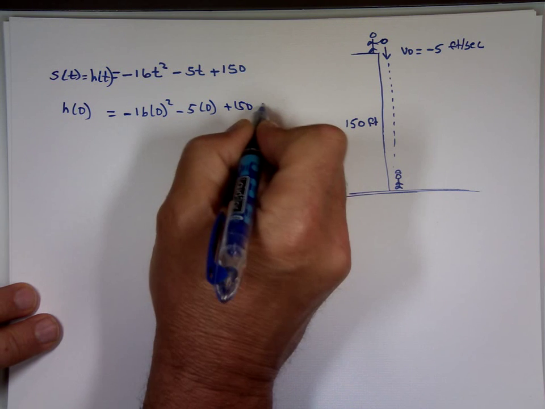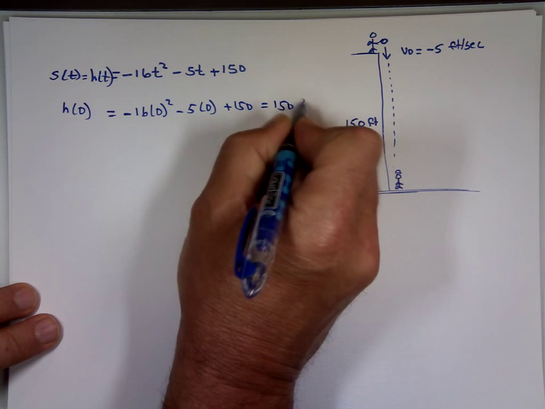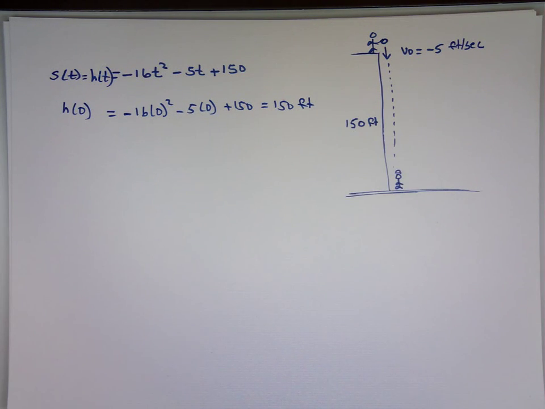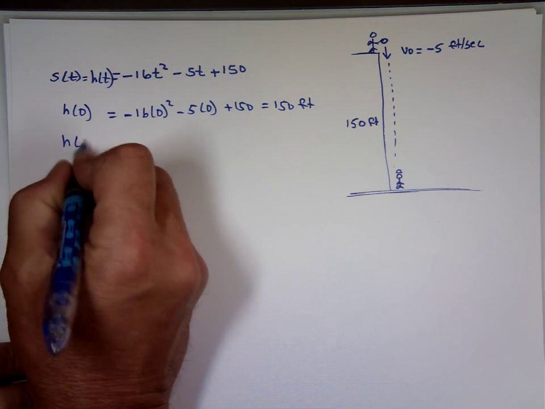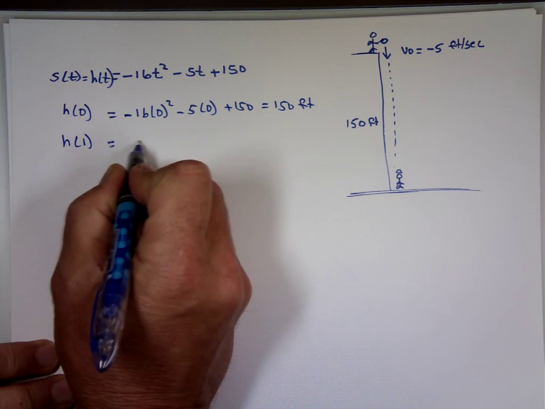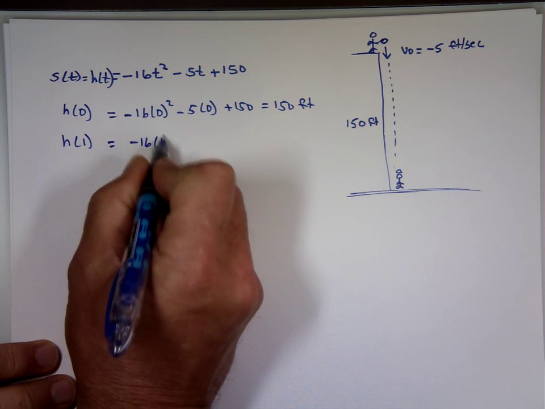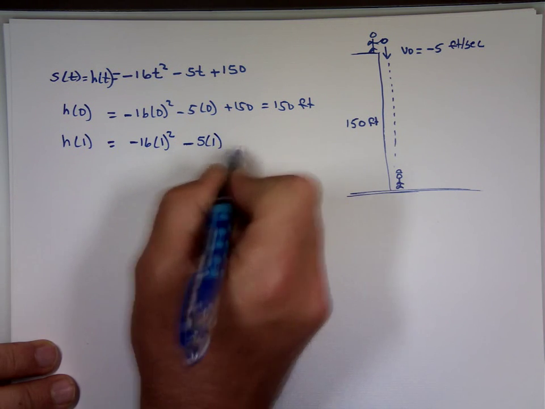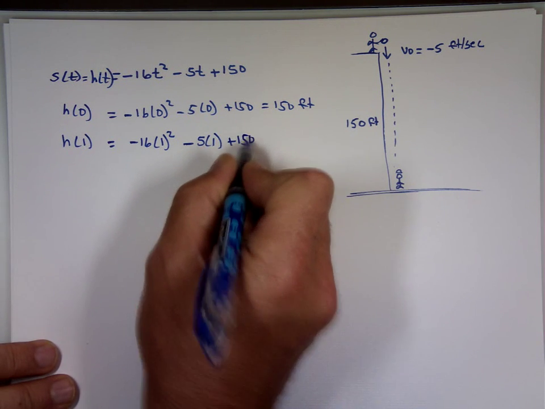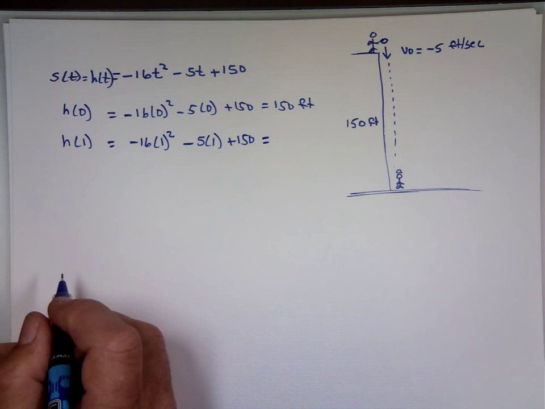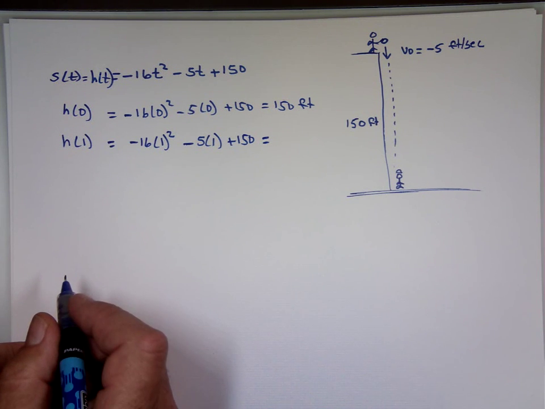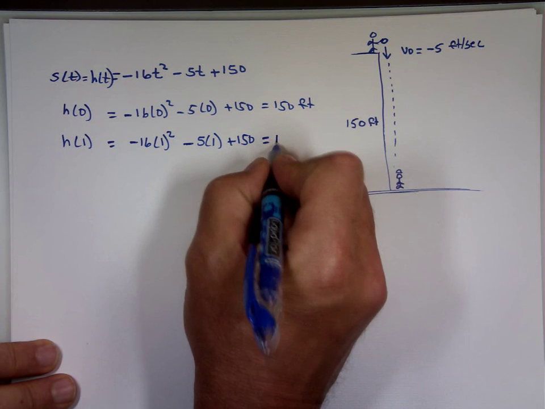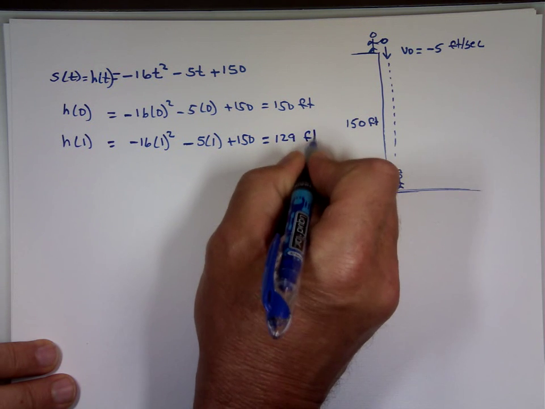We know that because you're sitting on the roof. Now, after 1 second, that'll be -16 times 1 squared minus 5 times 1 plus the 150. So what do we have? Is it 129?